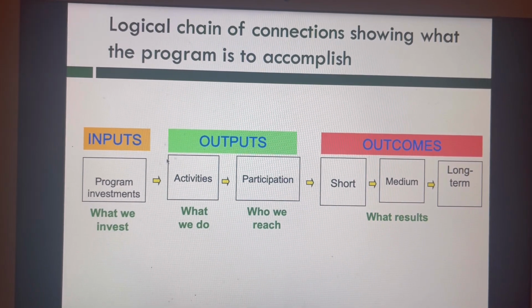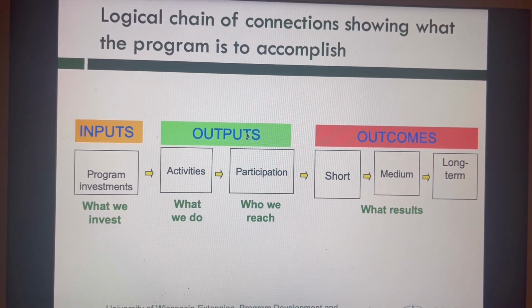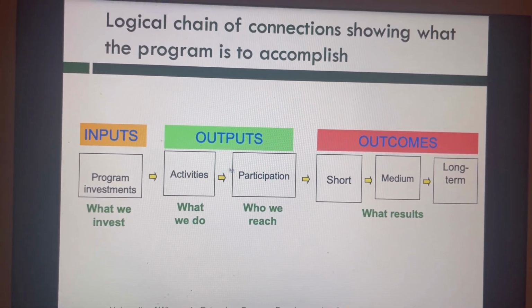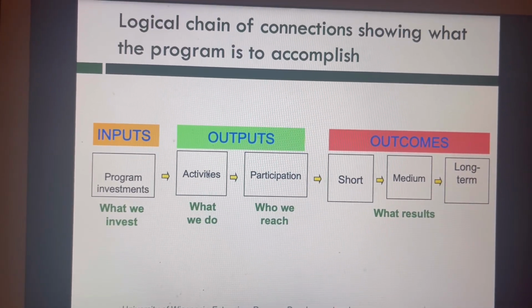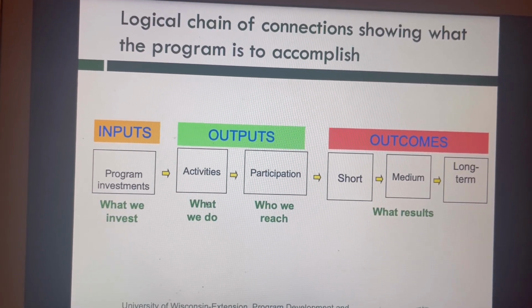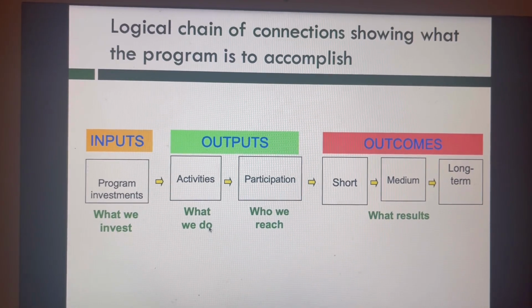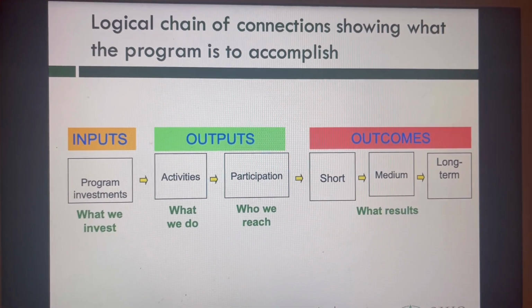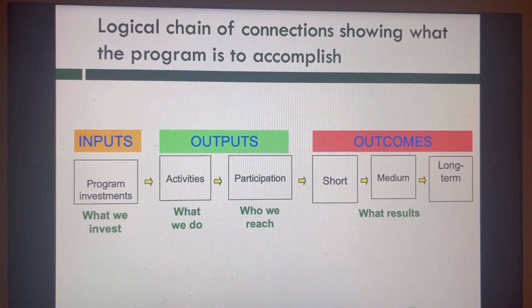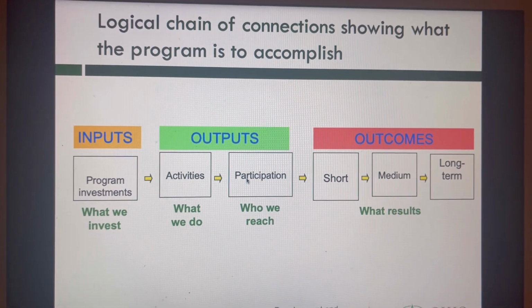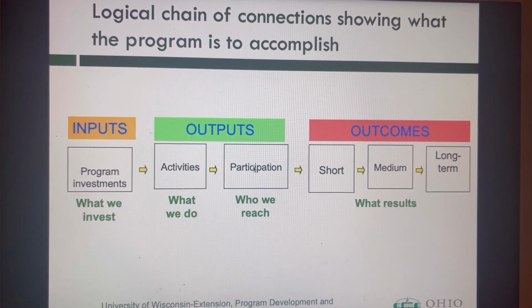And then the second column is the output. Under the output, we have two columns. The first is the activities, what we do. What activities are we going to carry out in order to achieve this project? Then the second column under output is participation.